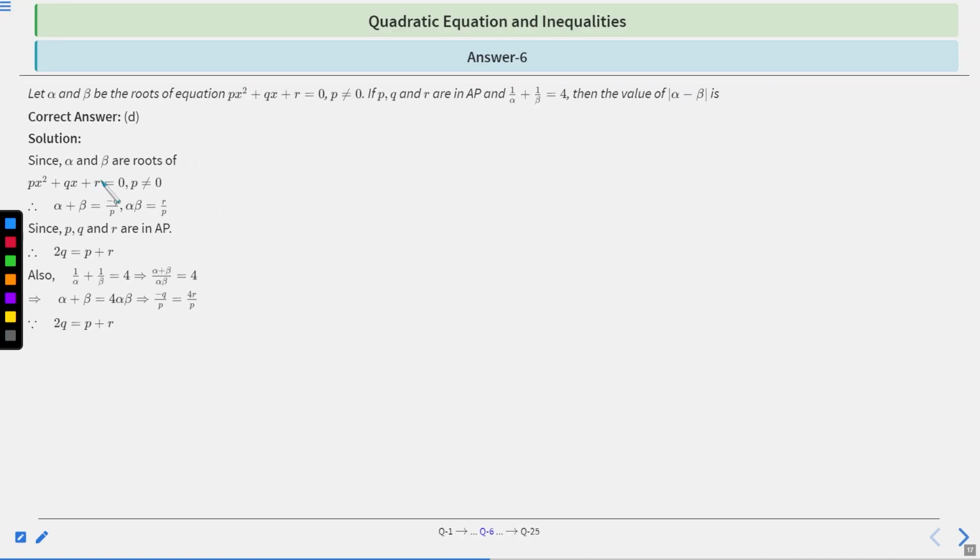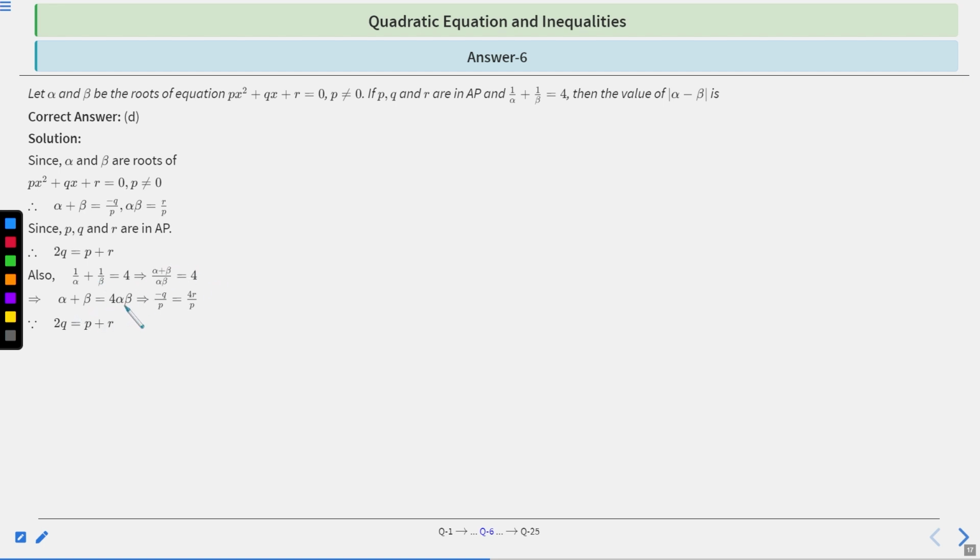Since alpha and beta are roots of px square plus qx plus r is equal to 0, alpha plus beta is basically minus q upon p and alpha into beta is r upon p. Since p, q and r are in AP, 2q is equal to p plus r. Also 1 by alpha plus 1 by beta is equal to 4. Now alpha plus beta upon alpha beta is equal to 4.